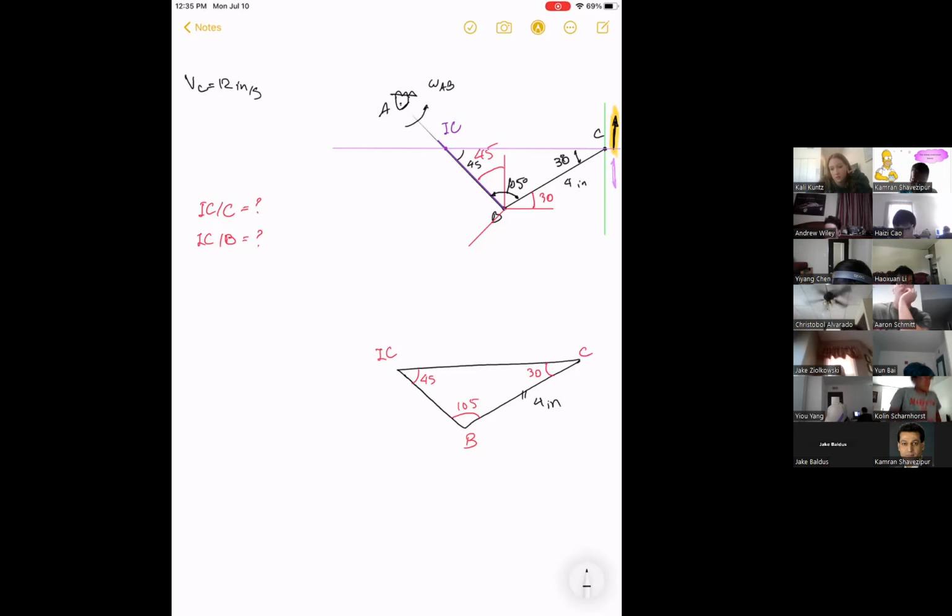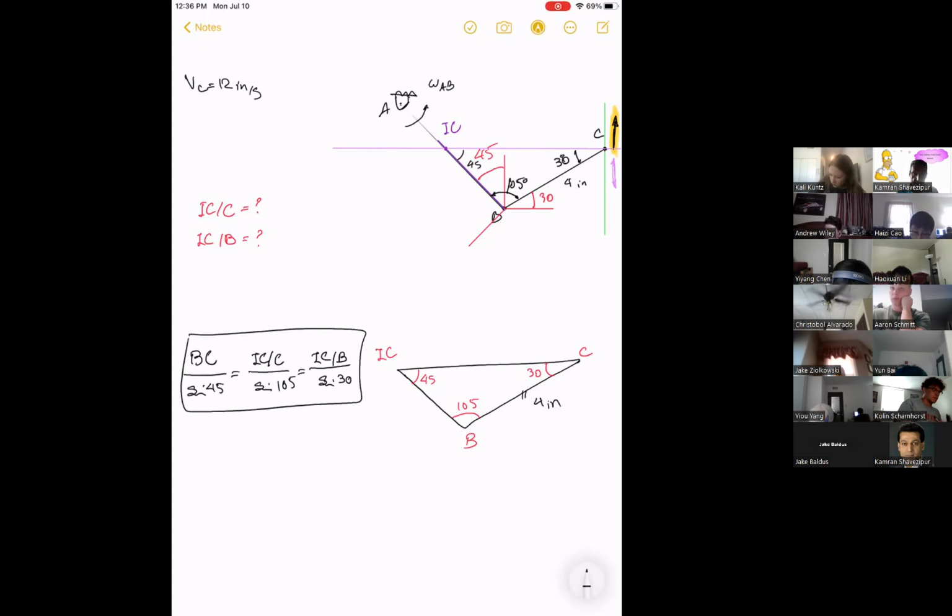So technically, I can write BC over sine 45 is ICC over sine 105 equals ICB over sine 30, right? And I can separate this into 2 equations.